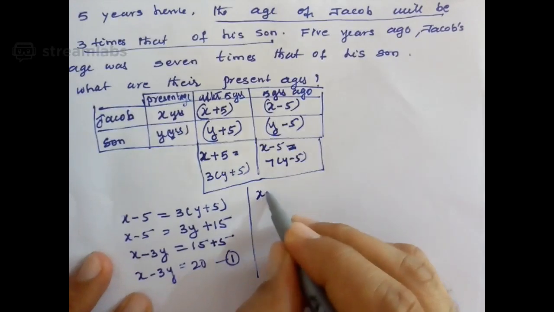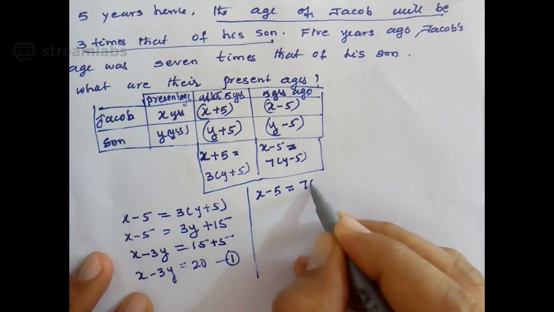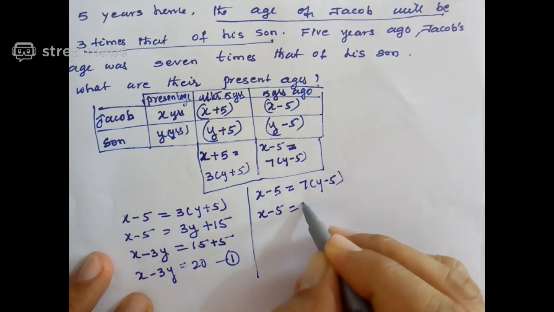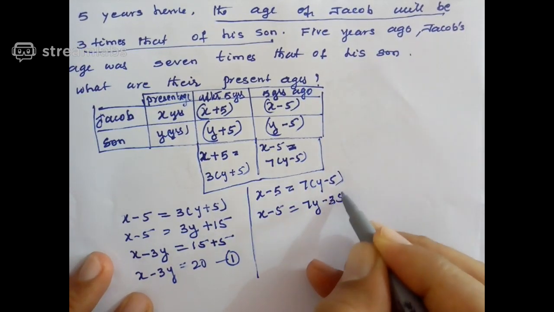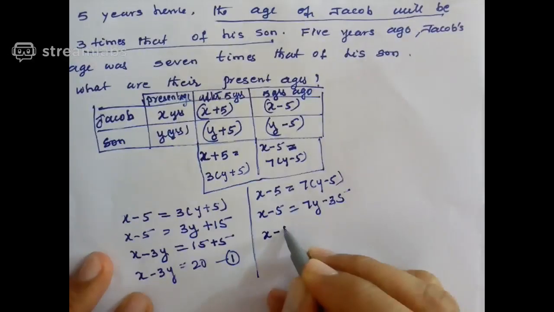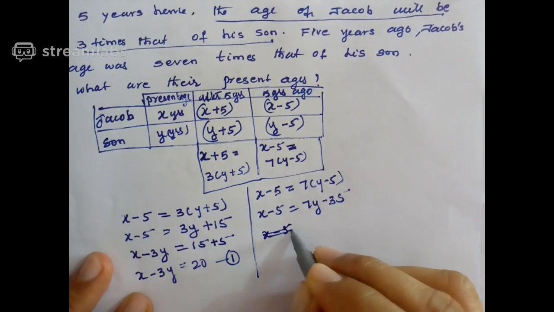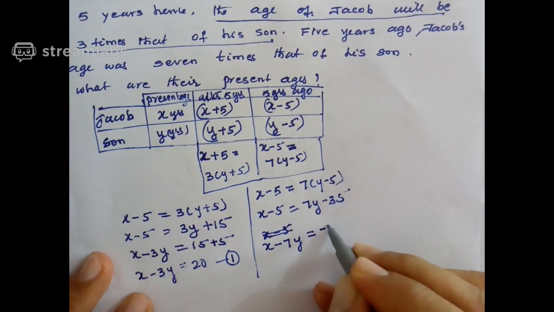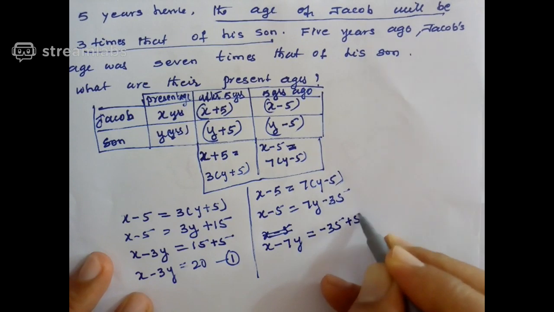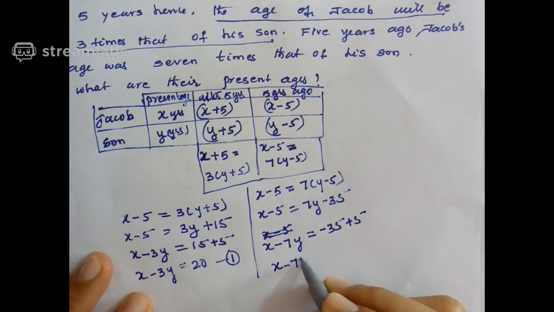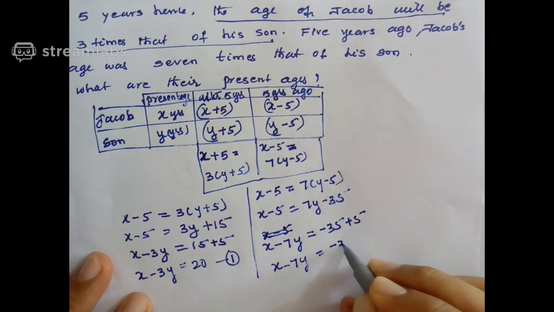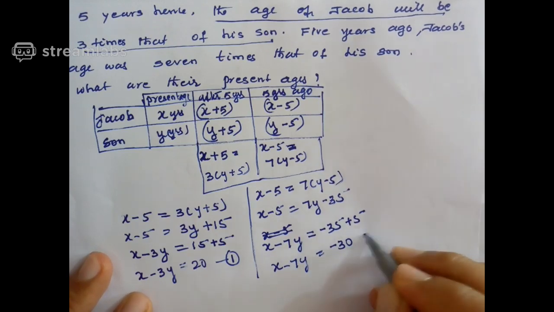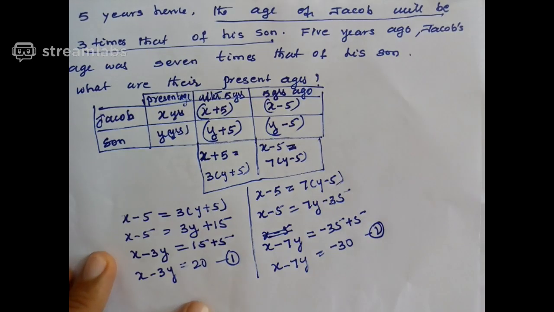Let us frame equation number 2. x minus 5 is 7 into y minus 5. That is x minus 5 is 7y minus 35. Bring this 7y to this side: x minus 7y is -35 plus 5. That is x minus 7y is -30. Call this equation number 2.